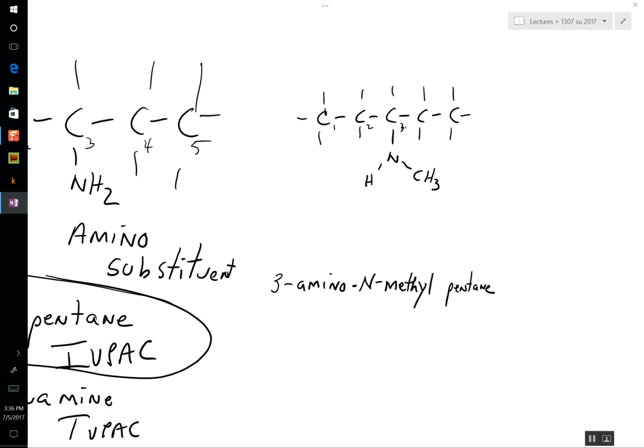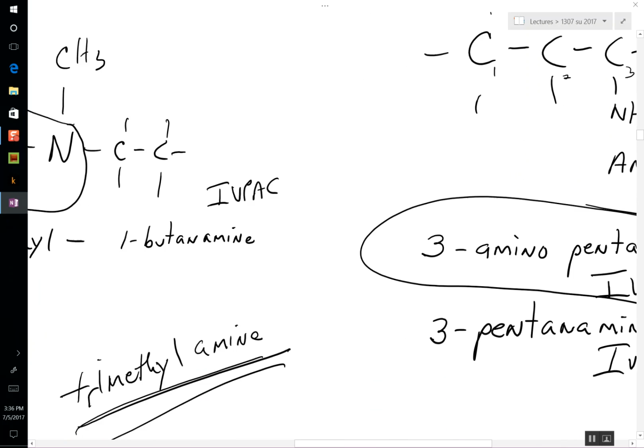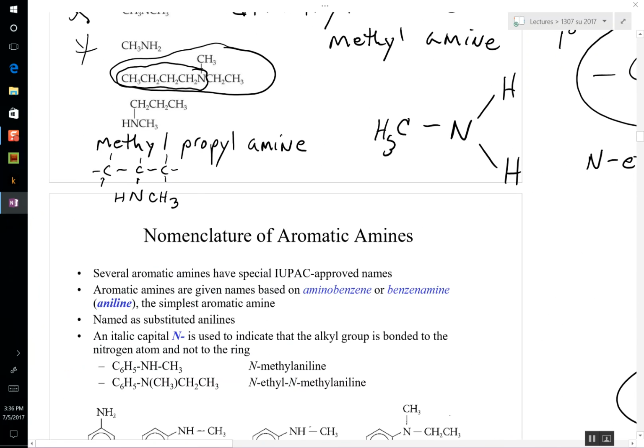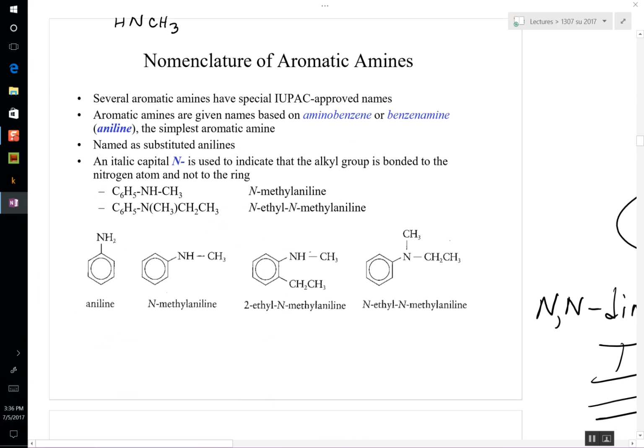Okay, let's move on. Let's do some more. We're going to get to aniline, and then we'll see how we use the N with aniline. All right. Nomenclature of aromatic amines.